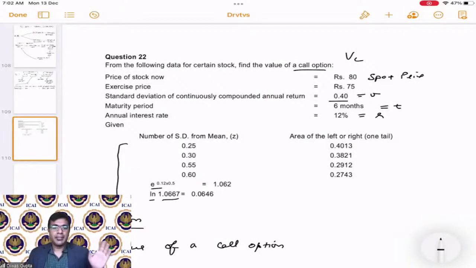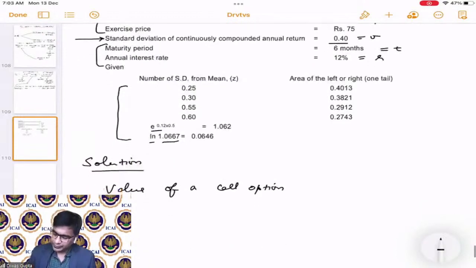In the binomial model, all the other things are used: price, exercise price, maturity period, annual rate. Instead of standard deviation, what we use there is the probability. So had the question given us something on probability and not on standard deviation, we would have applied the binomial model. But here, all the relevant data for the Black-Scholes model is given, including the standard deviation. Hence, it clicked that we have to apply the Black-Scholes model only.